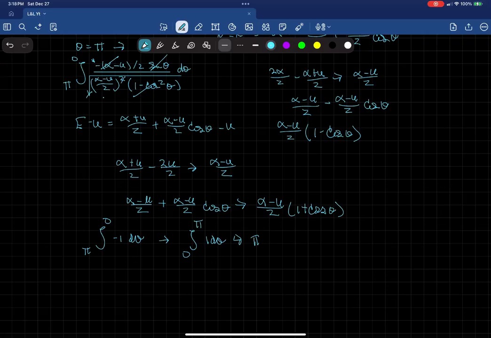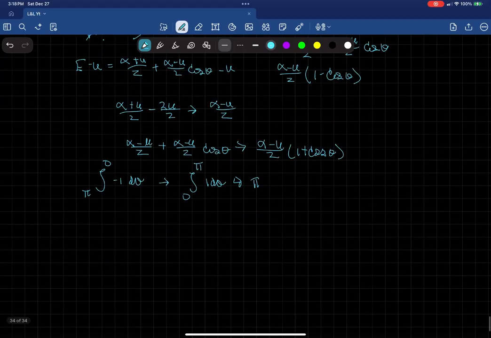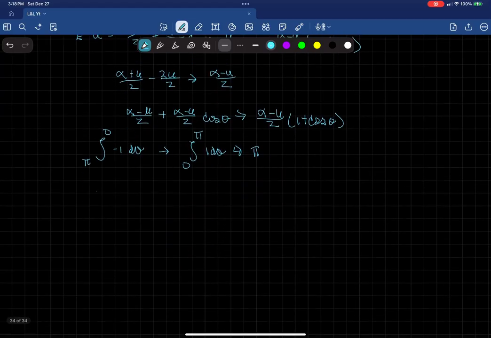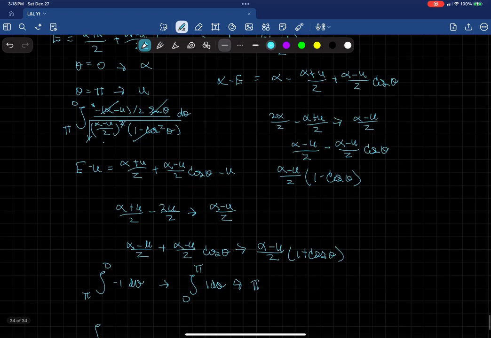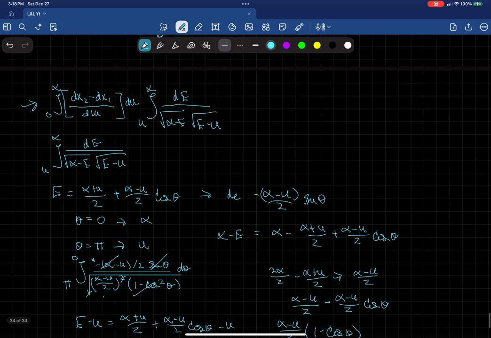And that actually makes the second integral we have trivial. So the final result for this whole double integral expression, because this returns me a value of pi, now I just have to work on this, which is trivial.